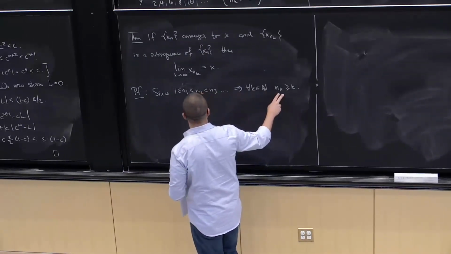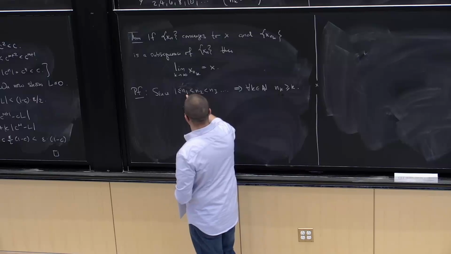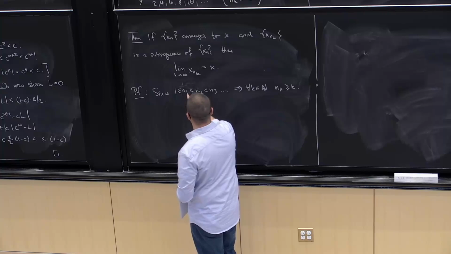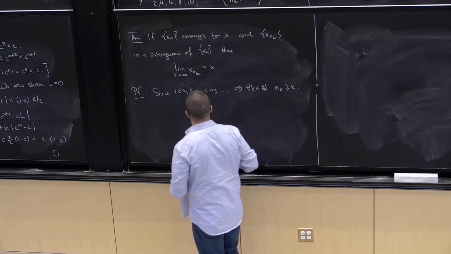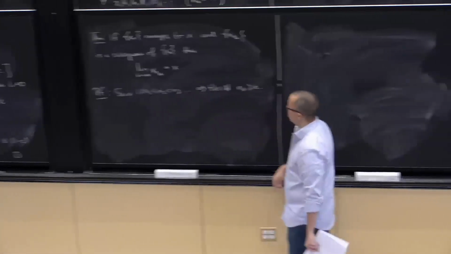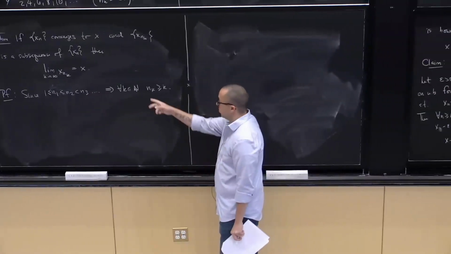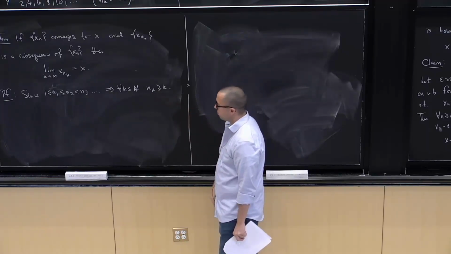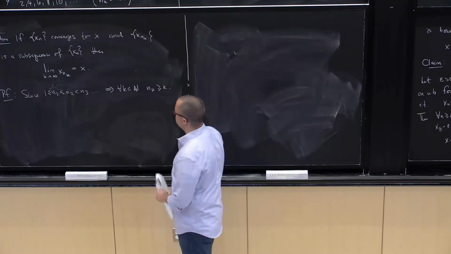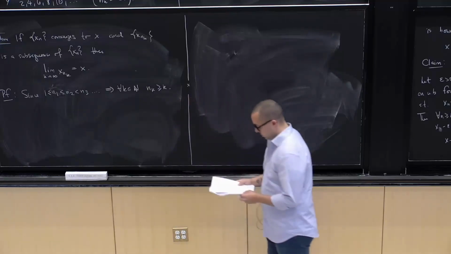This is not so hard to believe, because n sub 1 has to be at least 1, and n sub 2 has to be bigger than n sub 1, so it's n sub 1 plus 1 or bigger. Therefore, by a simple induction argument on k, which I'll leave to you, for all k a natural number, n sub k is bigger than or equal to k.